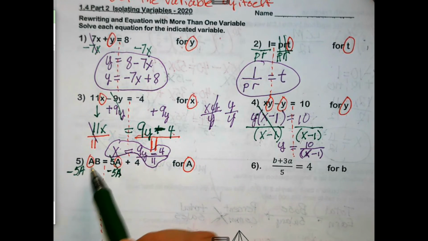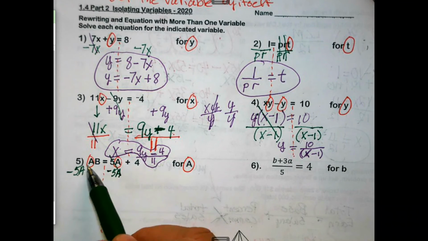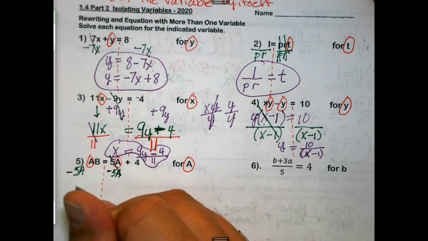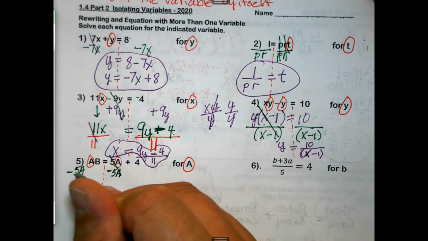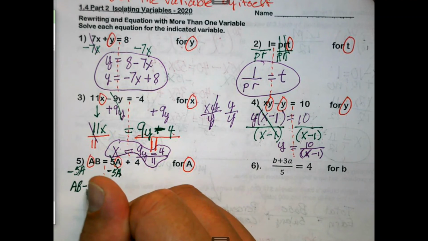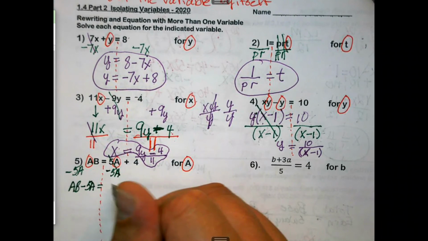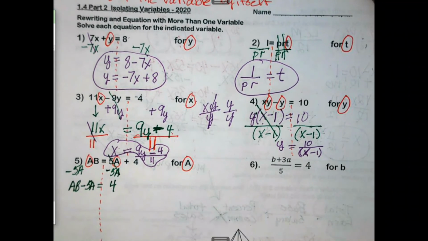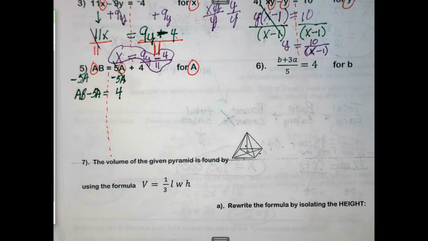Don't, by the way, don't combine these. These are unlike terms. I could write -5A plus AB, but it would actually be easier to undistribute if I have the AB minus 5A. Now I have them on the same side of the equal sign, right?